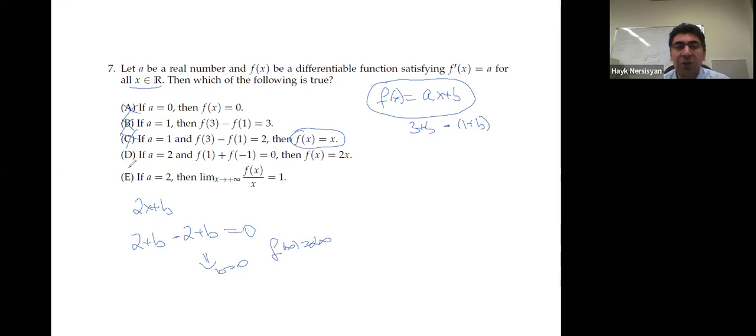So yes, this is correct. And E is wrong because if a equals 2, we have (2x plus b) divided by x, and the limit here is claimed to be 1. Nope, the limit is always 2 when x goes to plus infinity. So E is wrong as well. D is the correct answer.